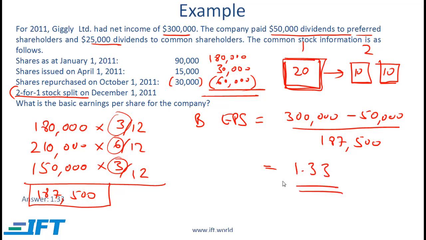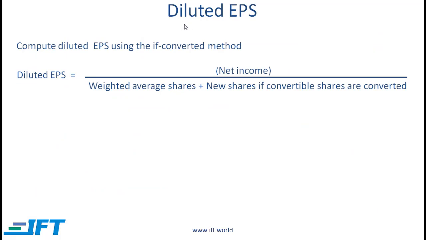If you do the calculation, what you should get is 1.33. We now come to the slightly more complicated concept of diluted EPS. We compute diluted EPS using the if converted method. If you recall, we talked about the concept of convertible securities such as convertible bonds, convertible preferred shares, and so on.